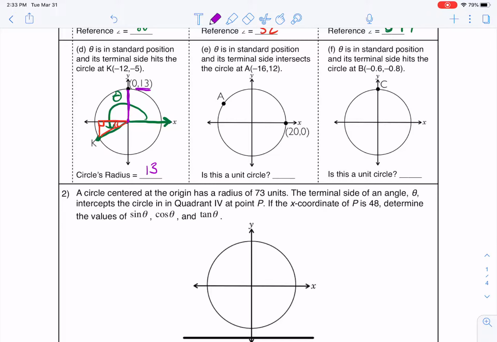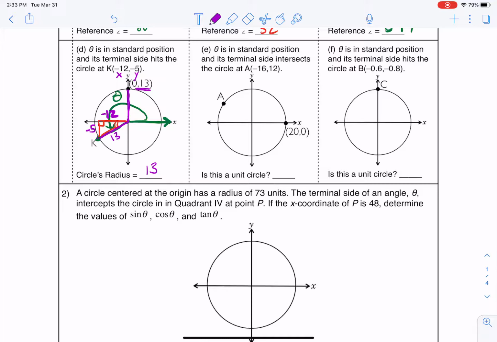So that radius of 13 is also right here, from point K to the center. Now my x value here is going to tell me about the base of my triangle. So that's really negative 12. And my y value shows me that vertical distance. So that's negative 5. You can pause and take those notes.